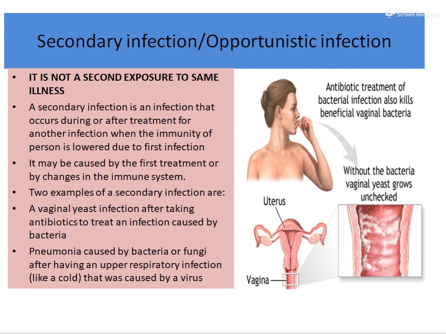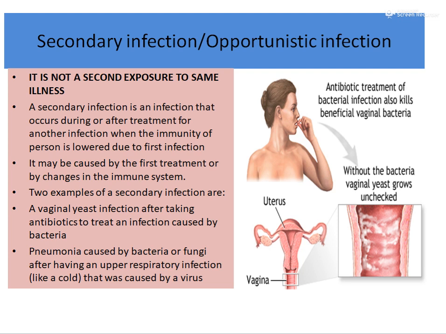Another example is pneumonia caused by bacteria or fungi after an upper respiratory infection like a cold caused by a virus. You are giving a treatment against a virus, but when your immunity is lowered by the virus, a bacteria or a fungus can cause pneumonia.